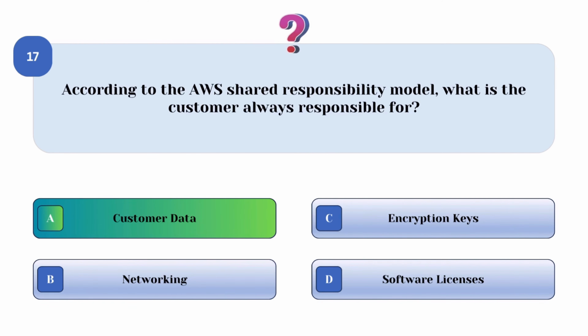Explanation: Customers are always responsible for the confidentiality, integrity, and availability of their data on AWS. Why others are incorrect? Networking: AWS handles core networking, customer handles some configuration. Encryption keys can be shared, depends on the method. Software licenses depend on the software, not always applicable.